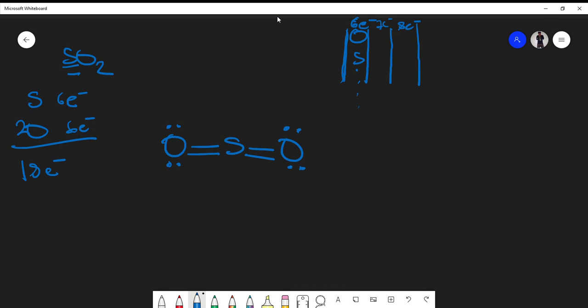So this is 2, 4, 6, 8, 10, 12, 14, 16. So that means we're missing 2 electrons. And since both oxygen octets are full, the only place that we could put these 2 electrons would be on the central atom. And ladies and gentlemen, this would be the Lewis structure for SO2.